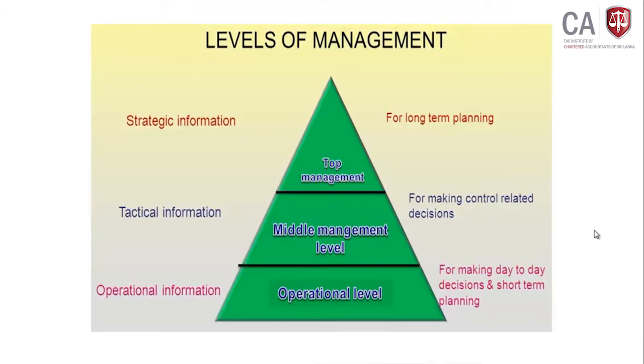From the operational level, they get operational information that gives insight into what to be controlled. Summarized information, then strategic information, then long term planning, control related decisions, and day to day planning of operations. So, these are the 3 levels mainly available in management.